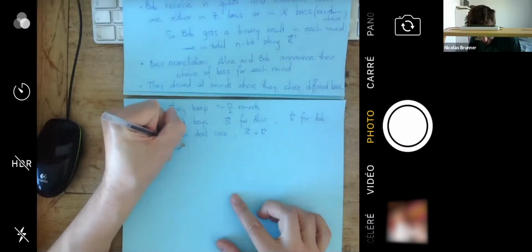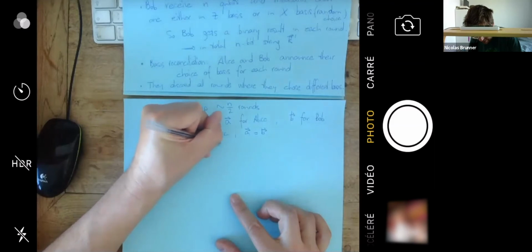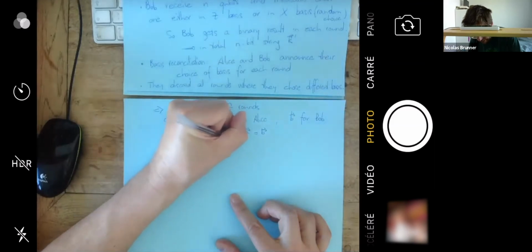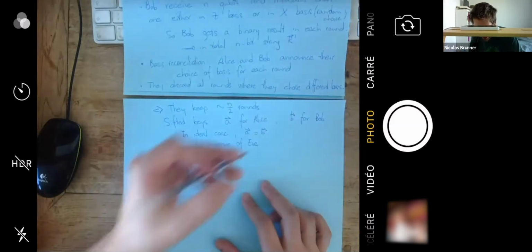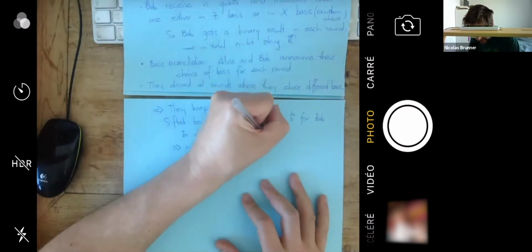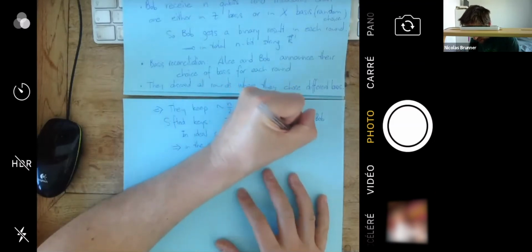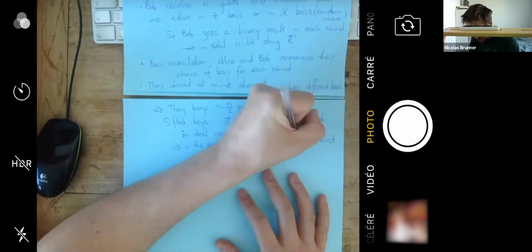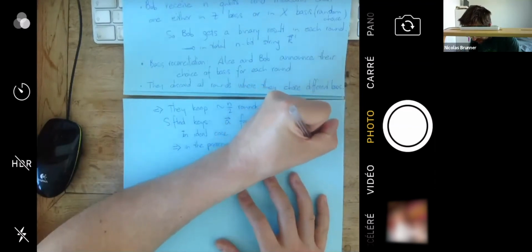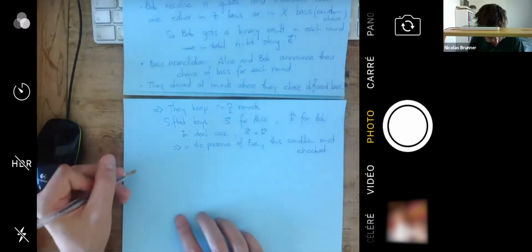So in the presence, or the potential presence, of Eve, this condition, or this property, if you want, must be checked. And this brings us now to the next step.